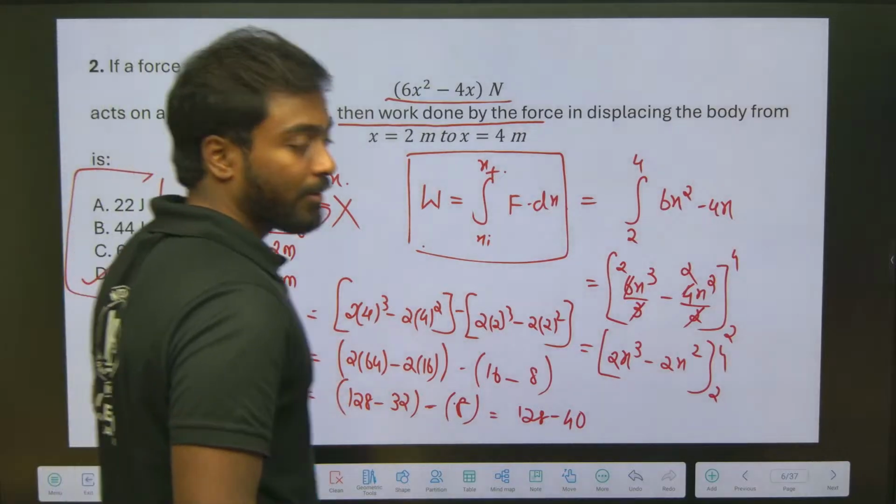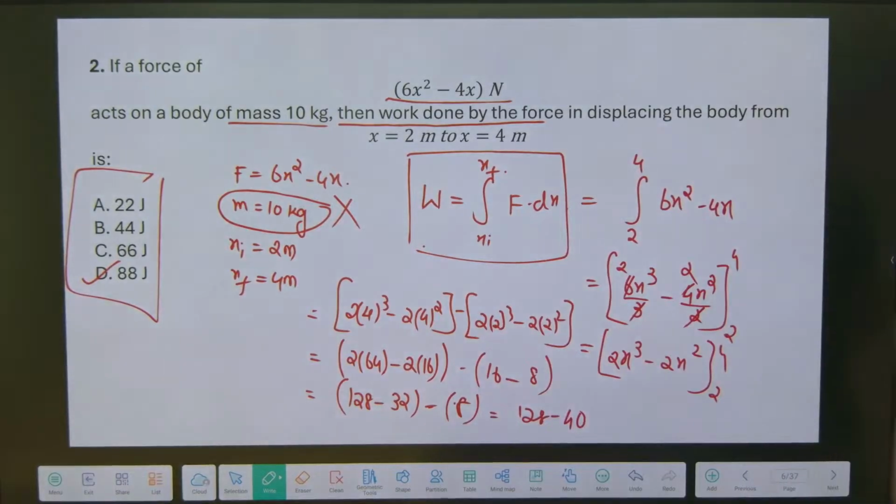It's not A, B, or C. Option D is the correct answer for this question. Next question.